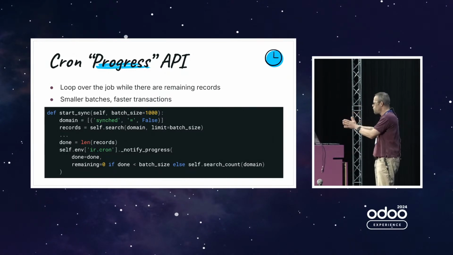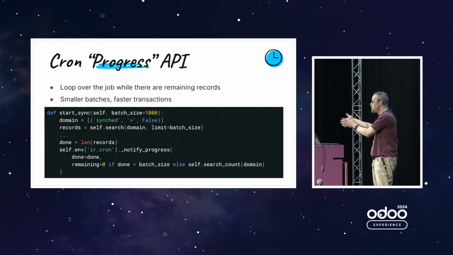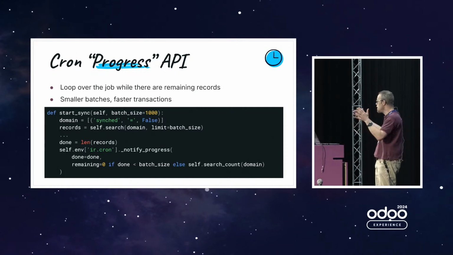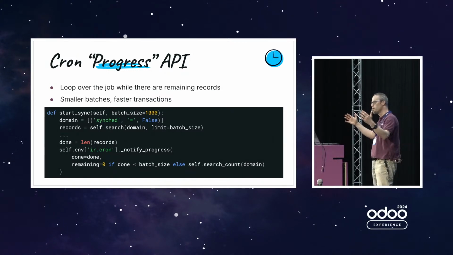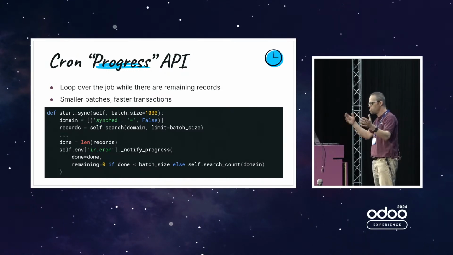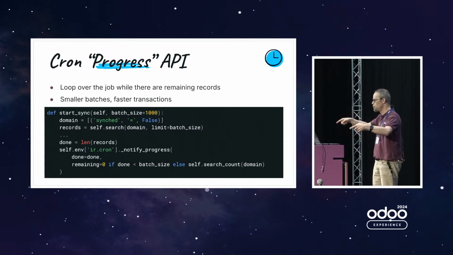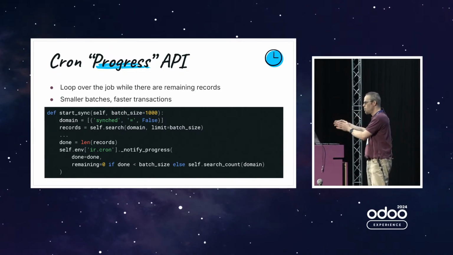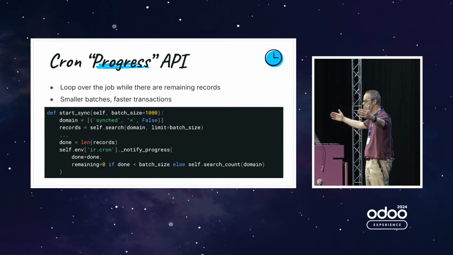Essentially, make progress by making smaller transactions. They will be individually faster, and it really goes faster. So if you have to process something like 100,000 updates or inserts, it's actually way faster to make 10 transactions of 10,000 records than to make one big transaction of 100,000.